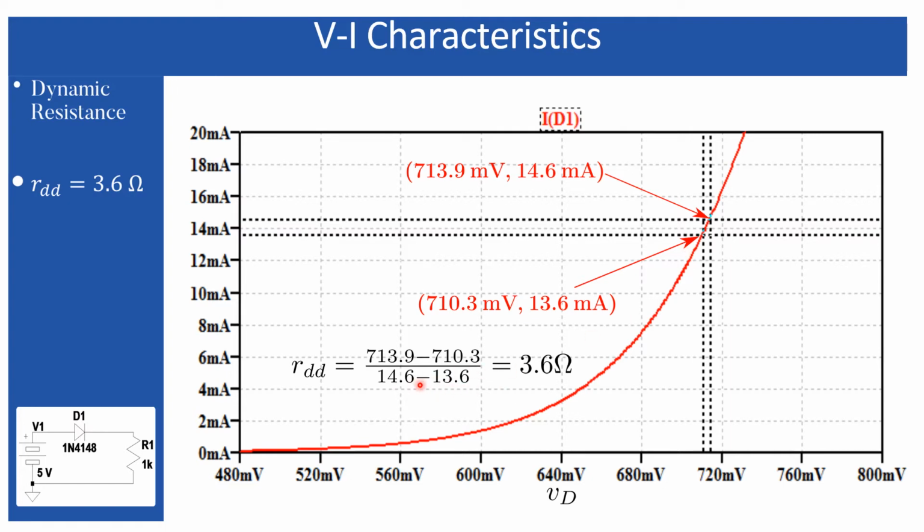Around these, the voltages across the diode are 713.9 millivolt and 710.3 millivolt. So when I take the ratio of their differences, the dynamic resistance from the simulated VI characteristics equals 3.6 ohm. That is closely in agreement with our previous result, which was 3.3 ohm.